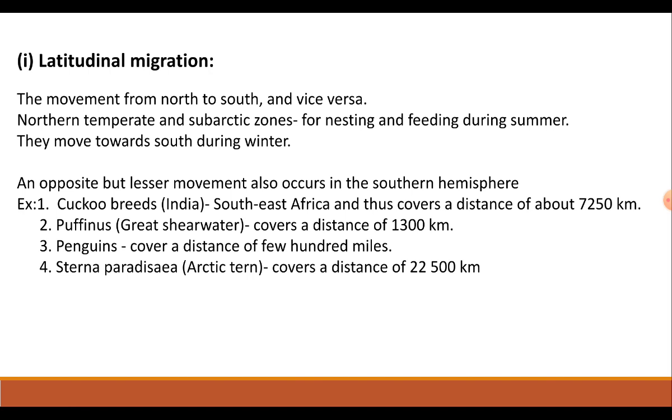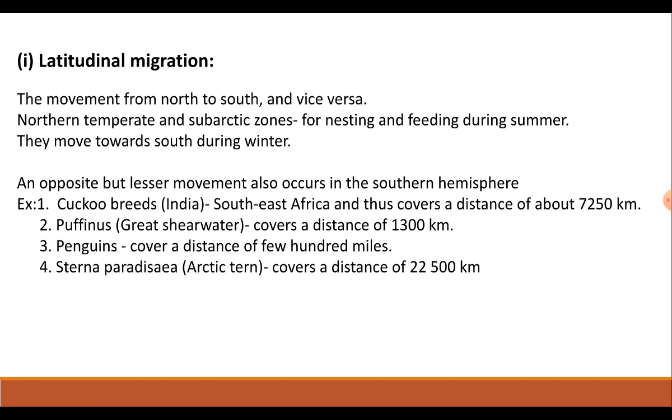Like several North American and Eurasian birds cross the equator to spend winter in deeper and warmer parts of South America and Africa. When you see the examples, the American golden plover passes the 9 months of winter by covering 8,000 miles south in the plains of Argentina.